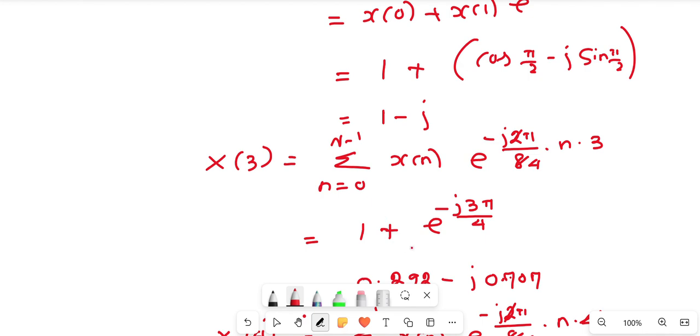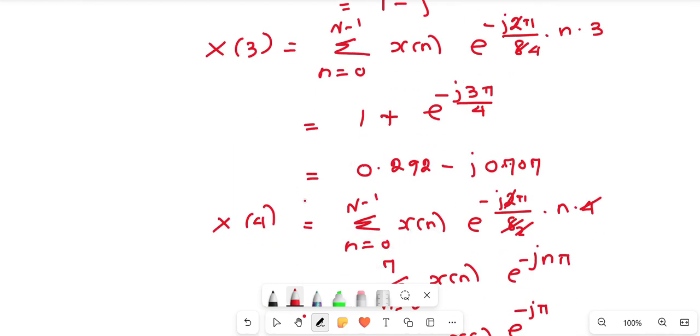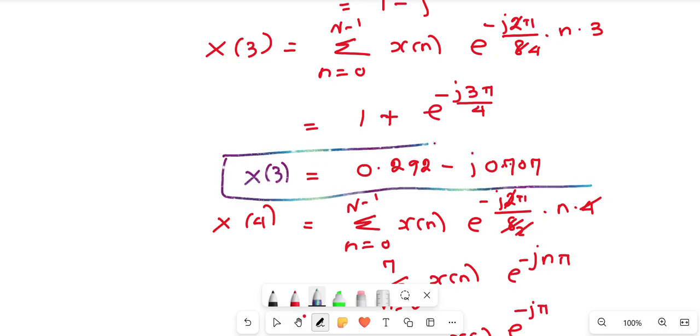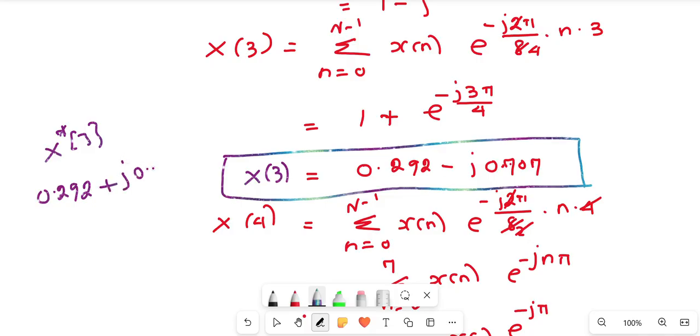So what is X of 3? So this is X of 3. What is the complex conjugate of X of 3? The real part you write as such, and the imaginary part will be plus j 0.707.